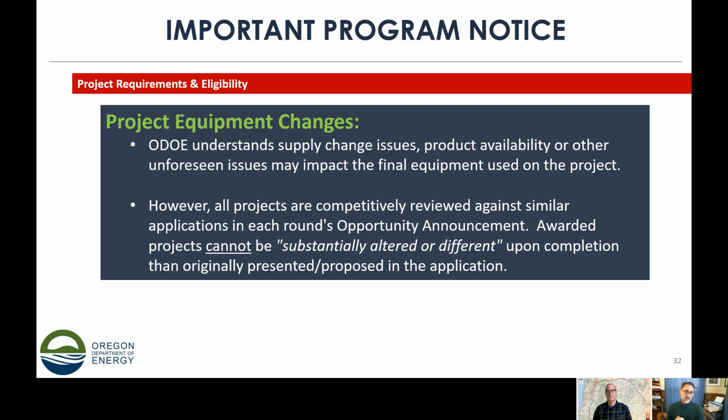However, I do want to point out that because these projects are competitively reviewed, if you are awarded, we will be looking at that final, during a performance agreement or that final assessment of a project, that the project and the components are substantially similar to what was proposed in the project. If it's not, then that is something that could have impacted your competitive review in an earlier stage. So just wanted to make quick note of that.